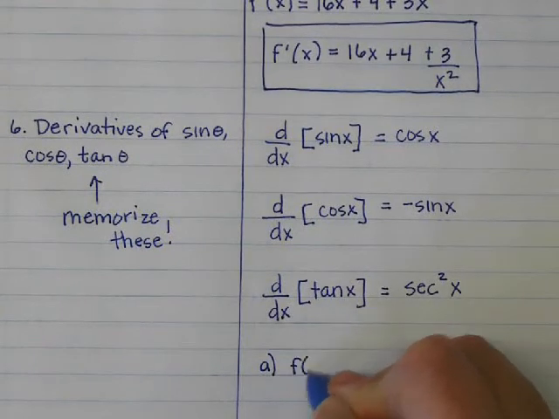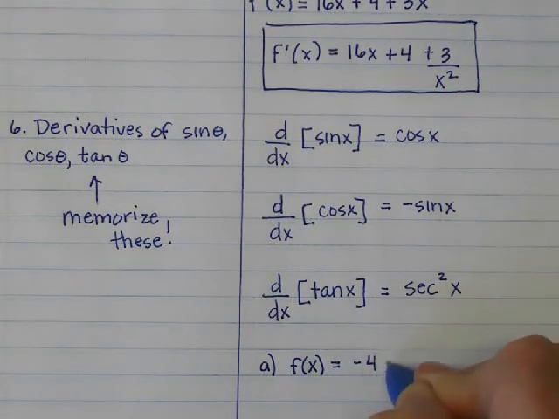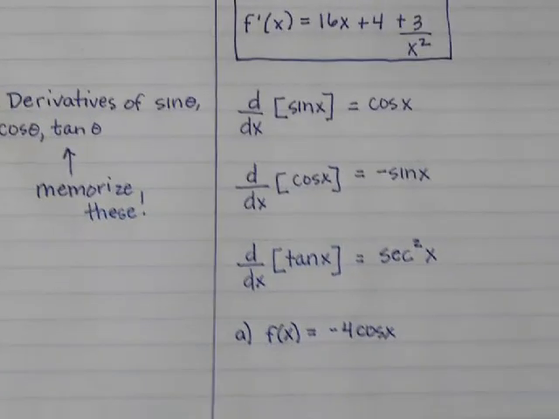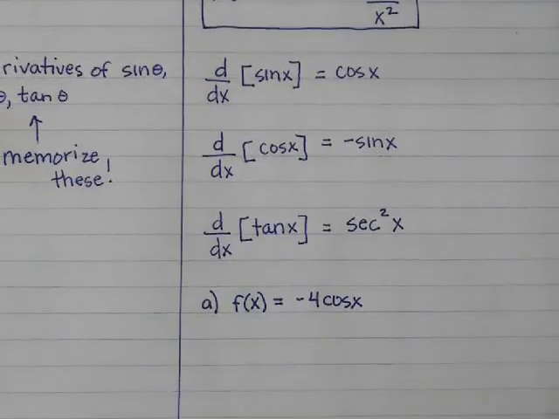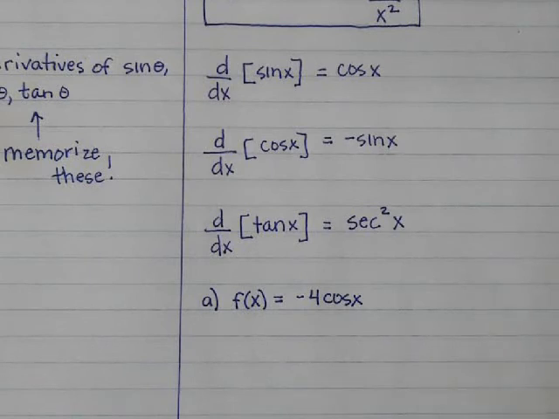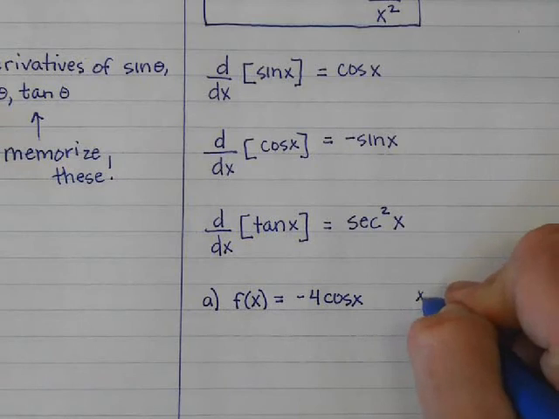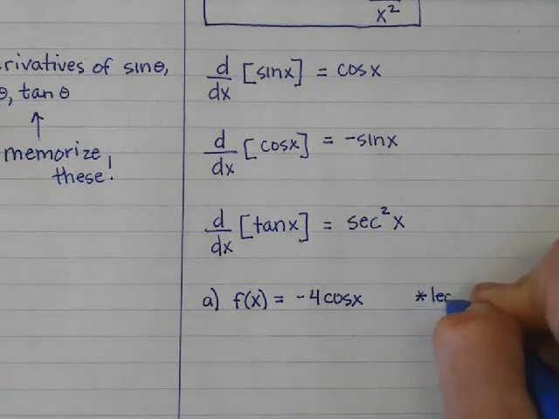Okay, so let's just say we have f of x and I want the derivative of that. Right now we don't know the product rule, so I just want you to note for right now that you're just going to leave the constant on there.